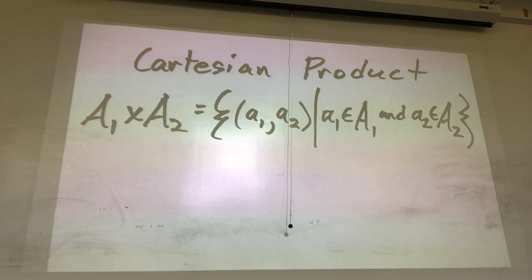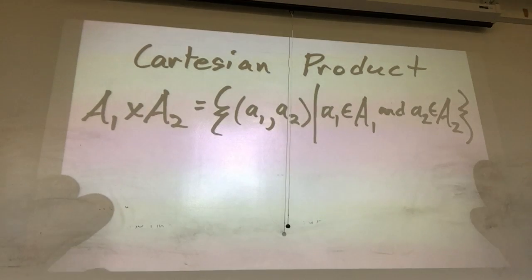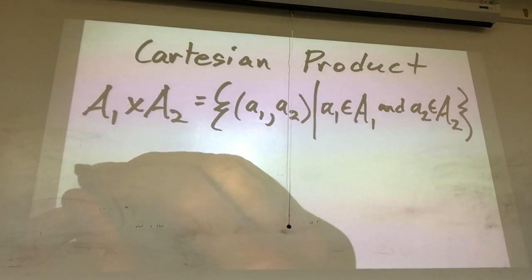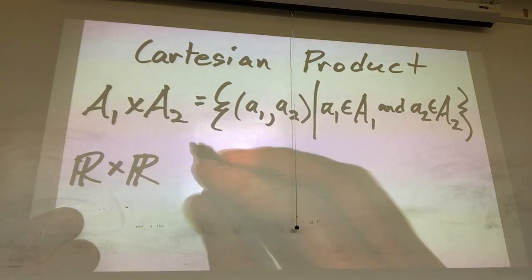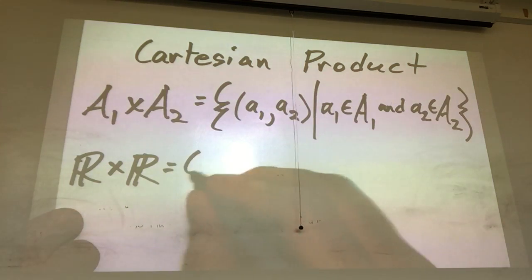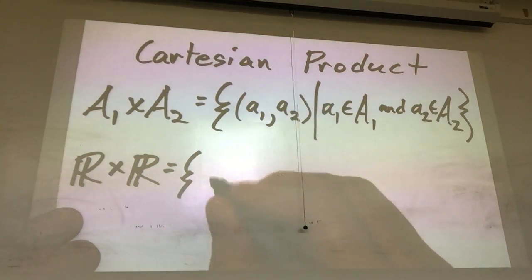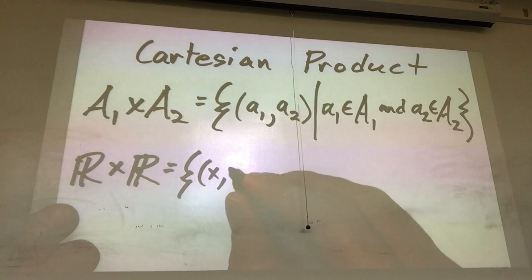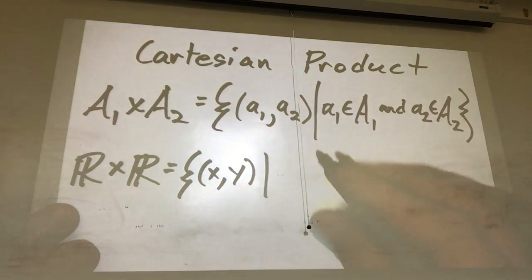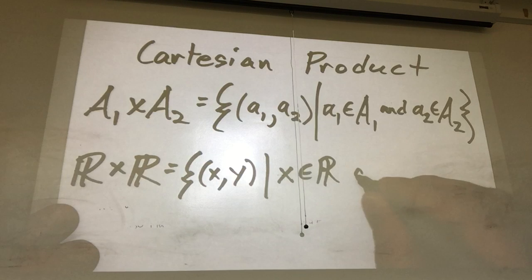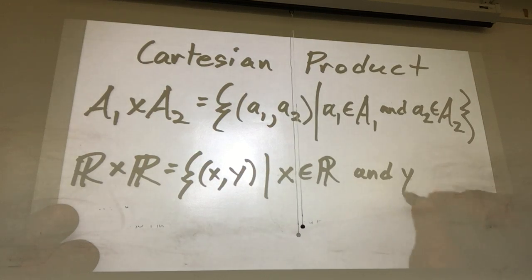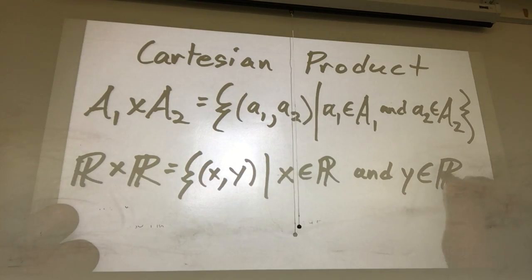Okay, so all right. So what if we did the reals cross the reals? All right, so what would this be? This would be the Cartesian coordinate system, which would be (x, y) such that x is in the reals and y is in the reals.